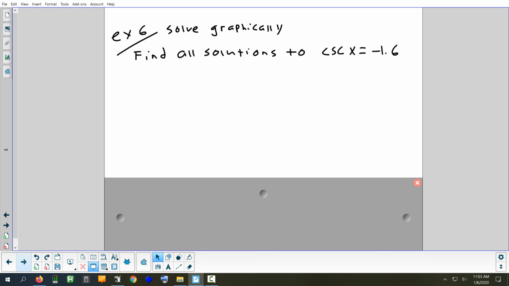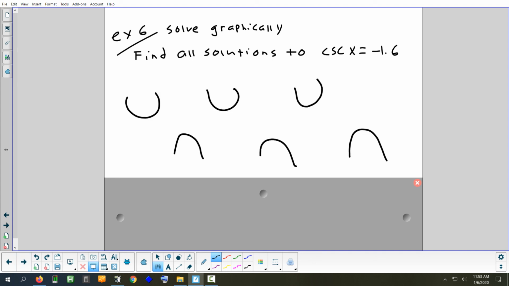That's all. Just remember though, if the graph looks like this, that's your graph of cosecant. Here's a graph at -1.6. How often will the line and the graph cross each other? Period.